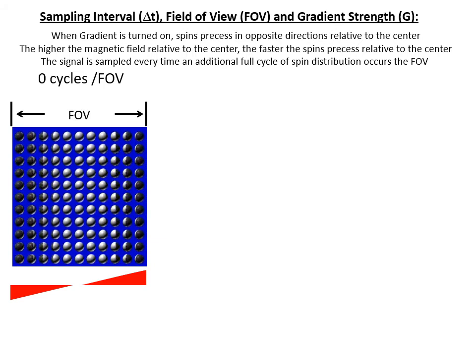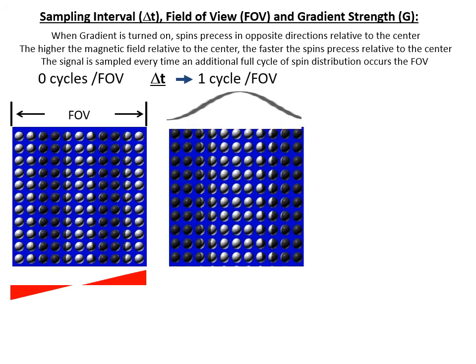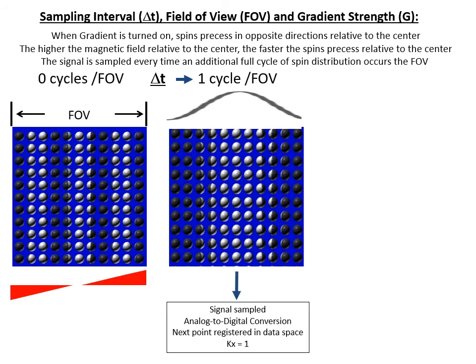The spins precess. A period of time evolves, the sampling interval. The signal is sampled after 1 full cycle of phase distribution occurs across the field of view. That signal being sampled goes through an analog to digital conversion process, and a point is registered in data space. We wait another period of time, delta t.